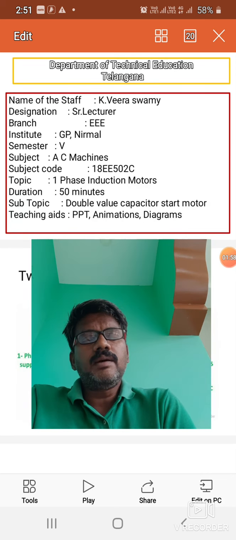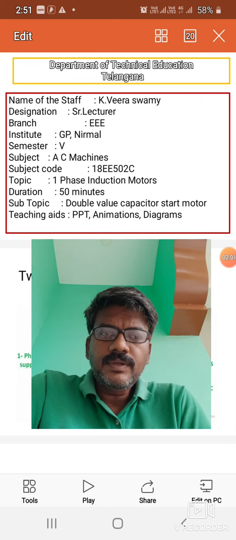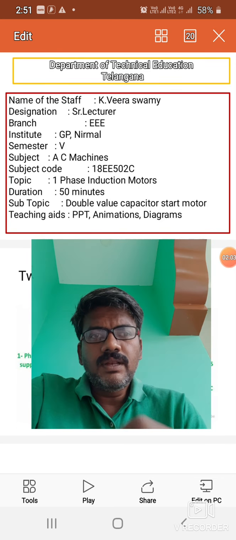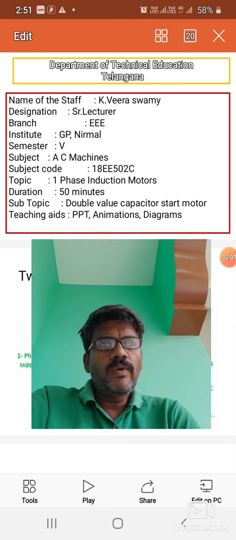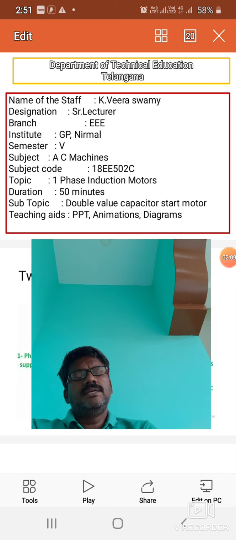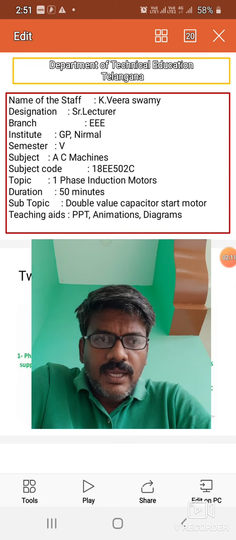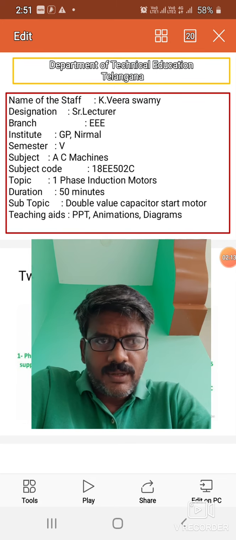That is, we will recap the previous topic in brief, then we will discuss today's topic, that is two value capacitor start and run motor.